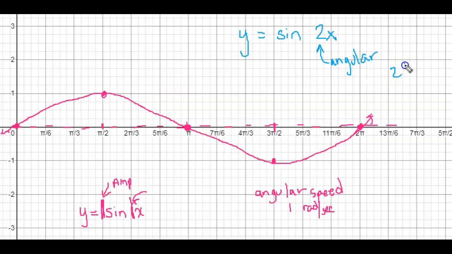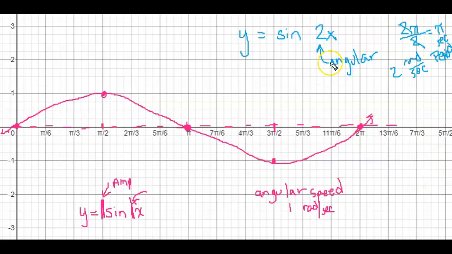So how long is it going to take me to get all the way around the circle? The whole circle is 2 pi radians. If I'm going 2 radians per second, it's going to take me pi seconds to get all the way around the circle. So that's going to be my period.